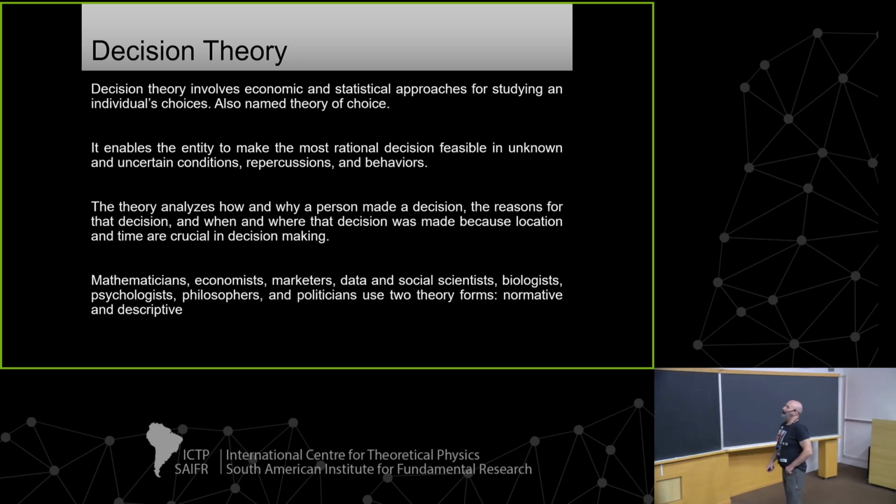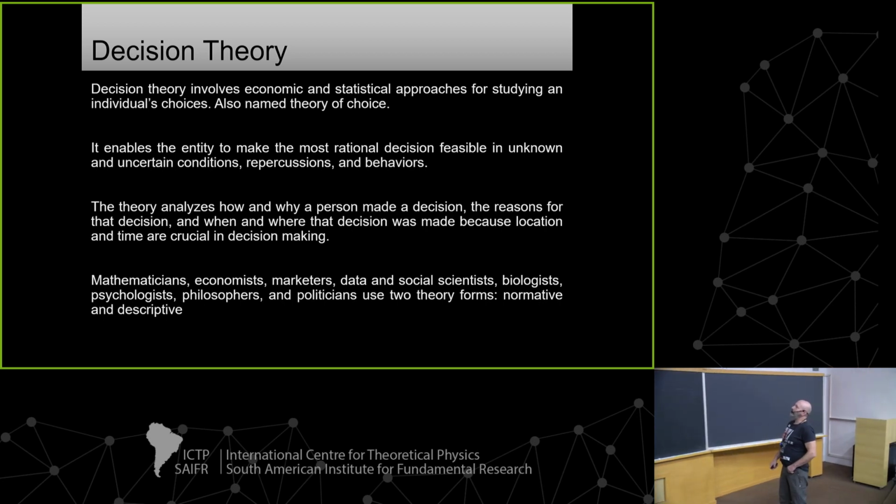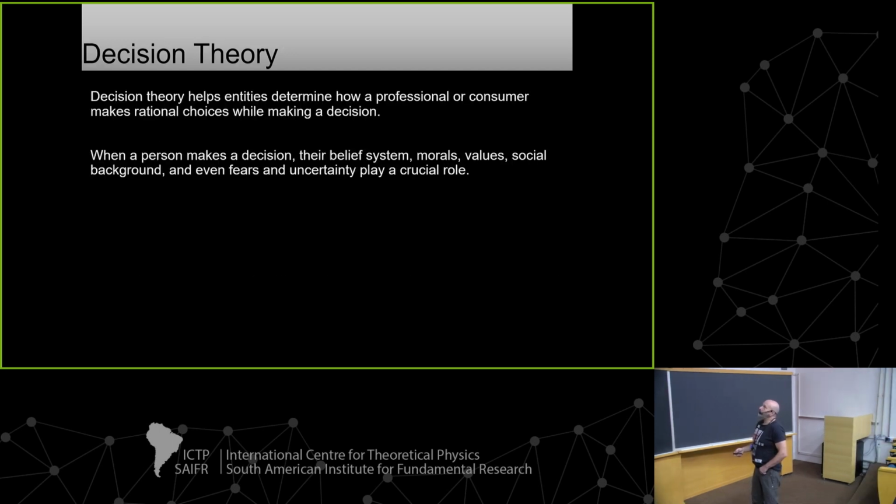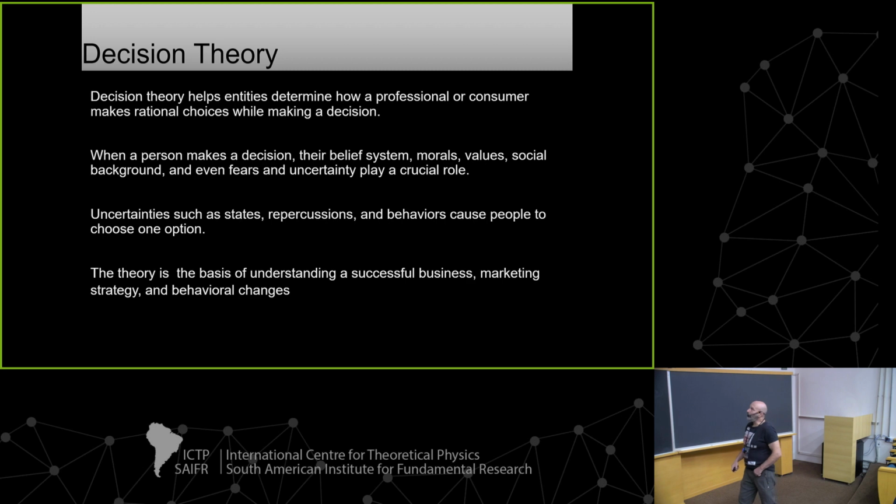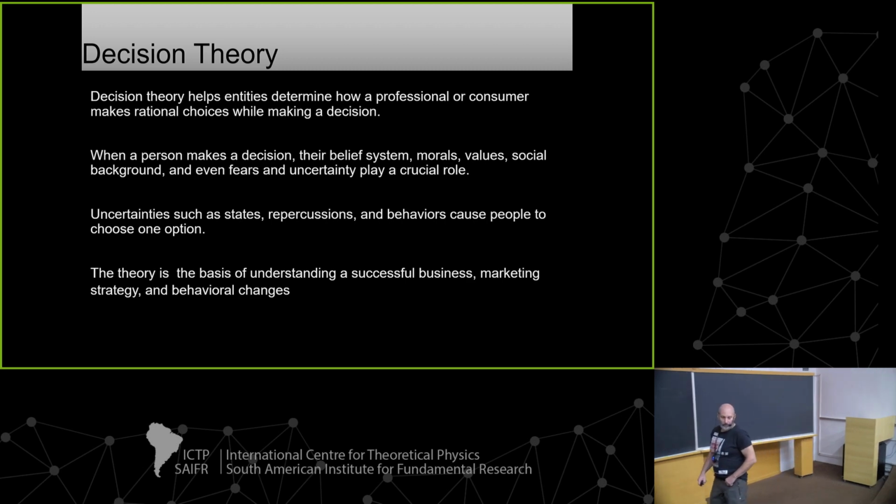Mathematicians, economists, marketers, data and social scientists, and many others use two different theory forms for decision theory. One is called normative decision theory, and the other is called descriptive decision theory. I will mention in a moment what each of them is.